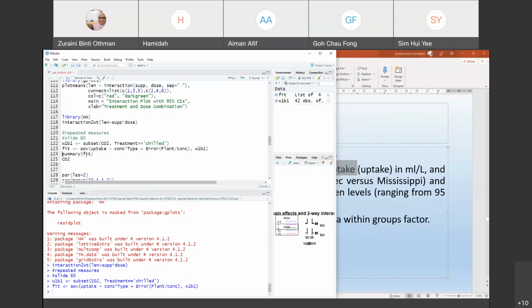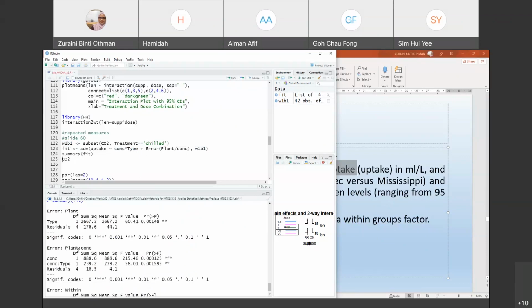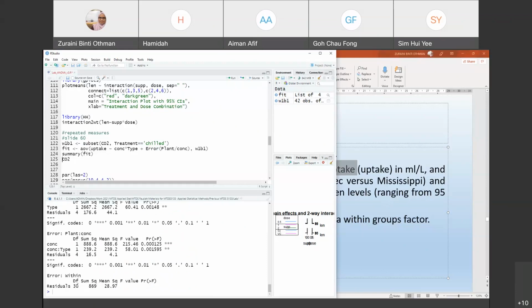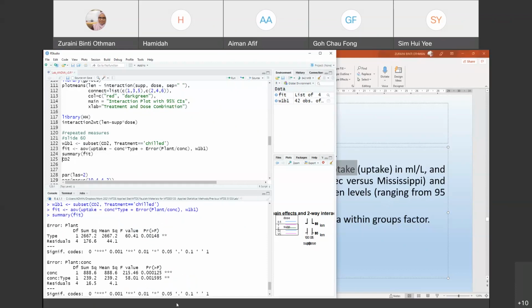And this is the summary from the analysis of variance. We can see here the error for plant, the error for plant interaction with concentration, and the within error. Now what can we see from here?